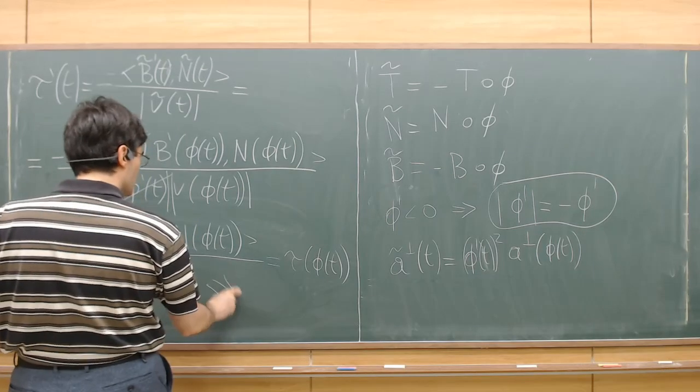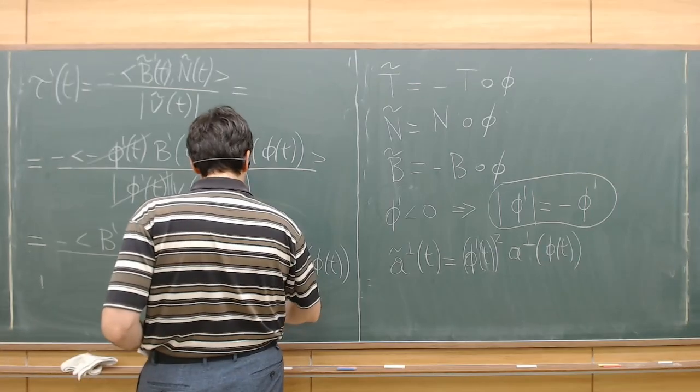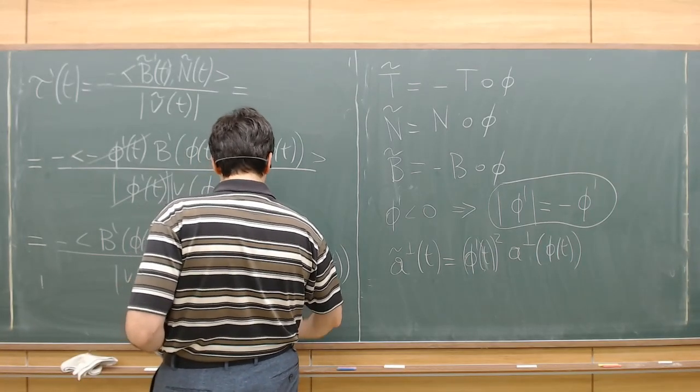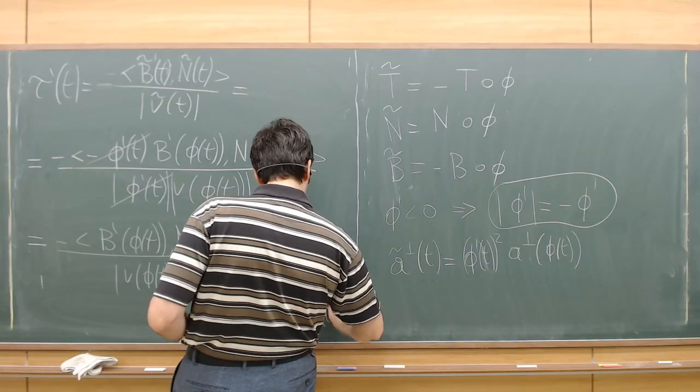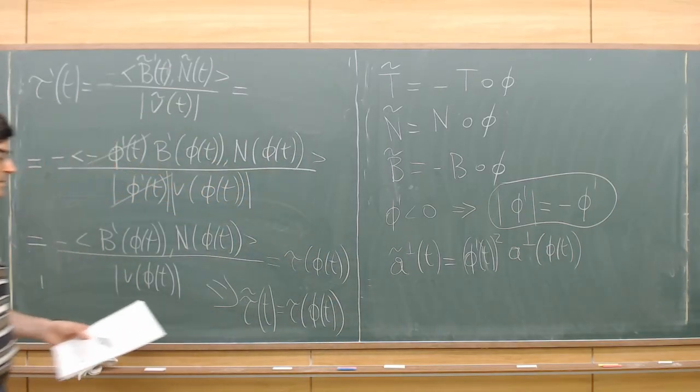So this proves that the formula tau tilde of t equal to tau of phi of t is true also in this case.